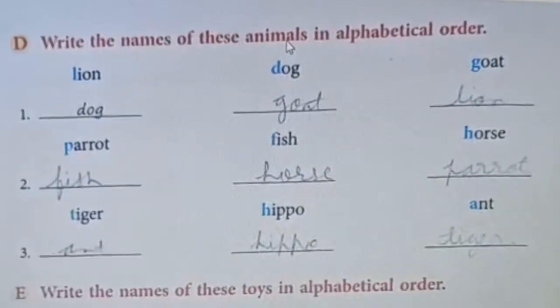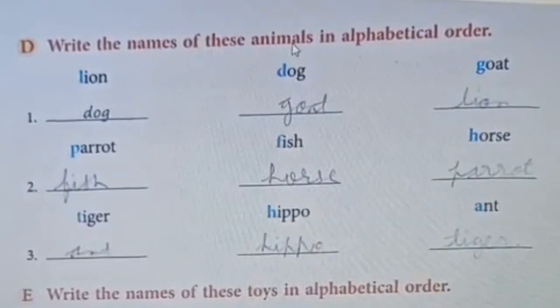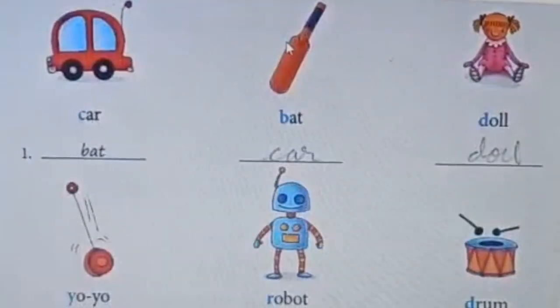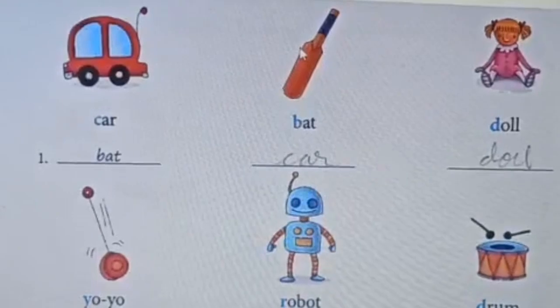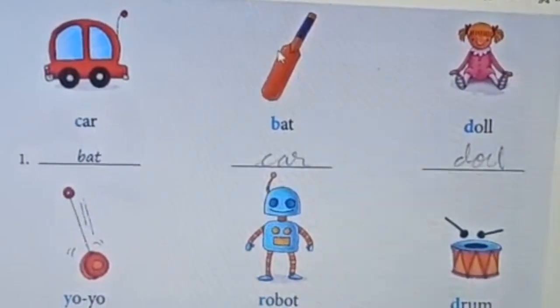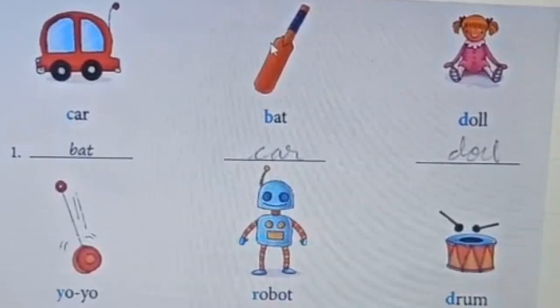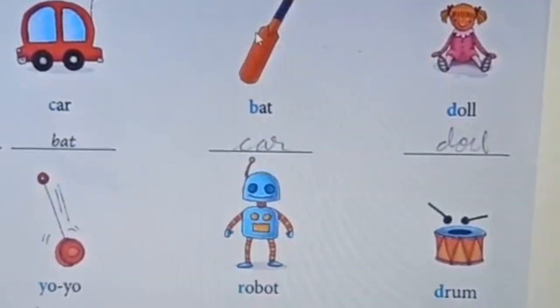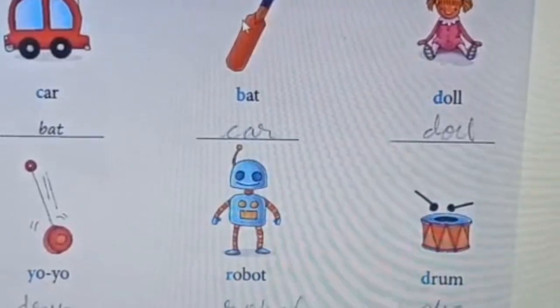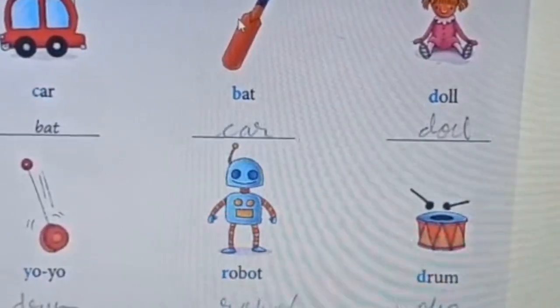Now moving ahead, write the names of these toys in alphabetical order. You can see the toys are given and we have to write them in alphabetical order. Like we have done in first exercise, same like that. So car, bat, doll, yo-yo, robot and drum.